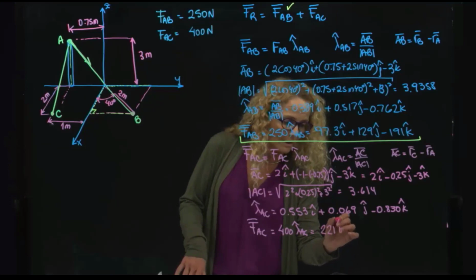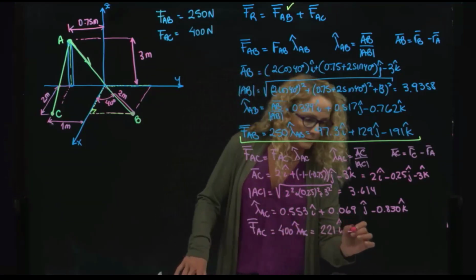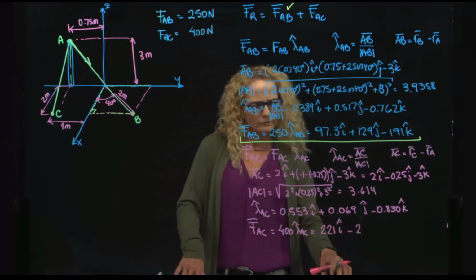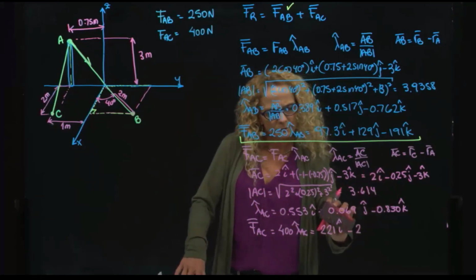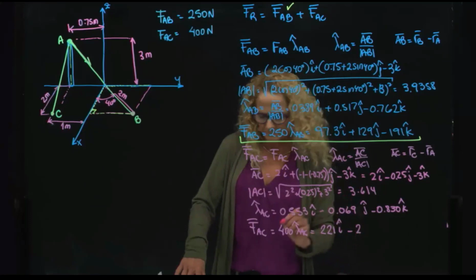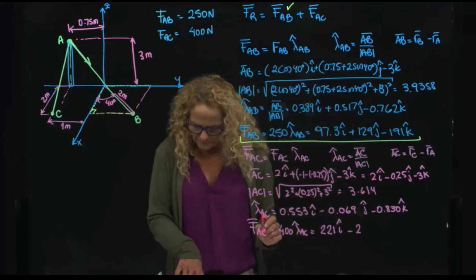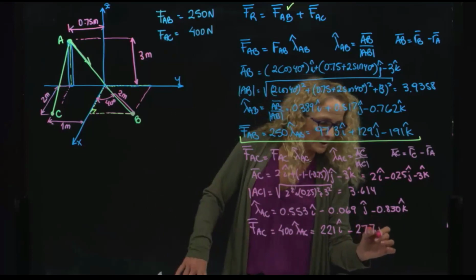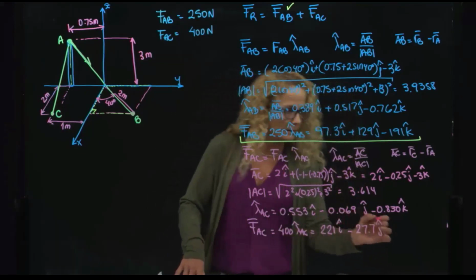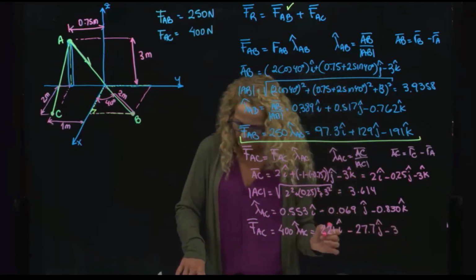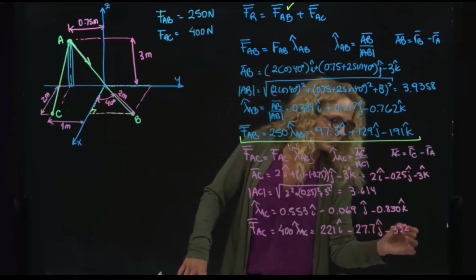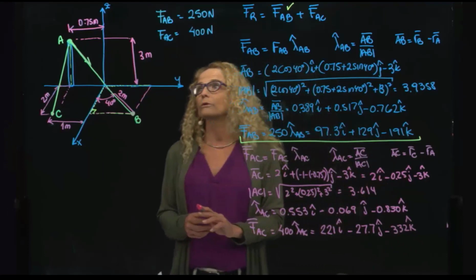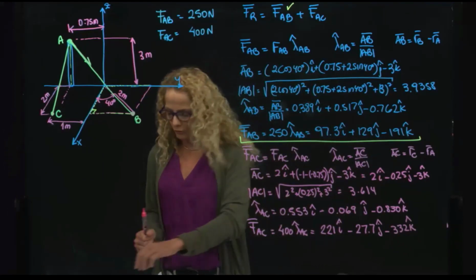221 in I, negative 200. Oh, this is negative. Sorry, this is a negative value. Negative 27.7 in J, and negative 332 in K. And I like to remember, don't forget the units.